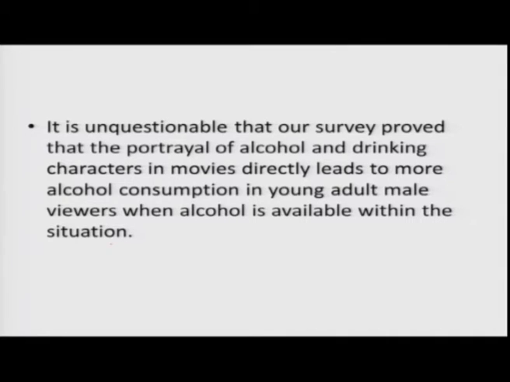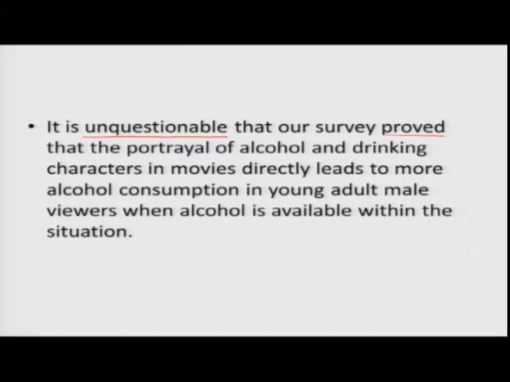This is again talking about two things: portrayal of alcohol and drinking characters in movies and alcohol consumption in young adult males when alcohol is within reach. Has hedging been done here? It seems it has not been. Look at this, it is unquestionable. This is a very strong word.